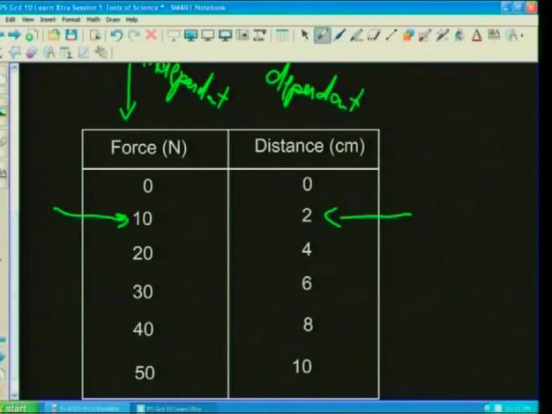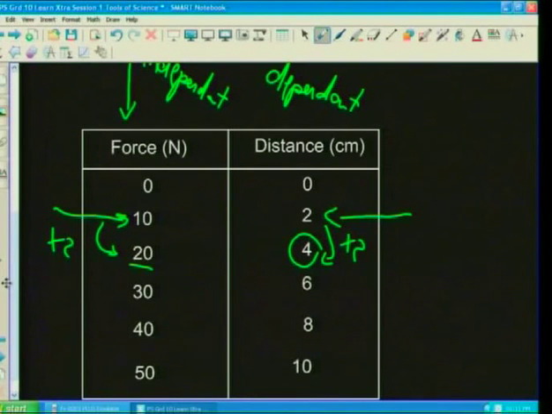If we double the force, that means we've gone to 20. Notice what's happened to the stretch. It's gone to 4. So in other words, we multiplied this by 2, doubled it, and this one doubled as well. They've not just increased. It didn't go up 2 and 3 and 5. It's gone up in a pattern.